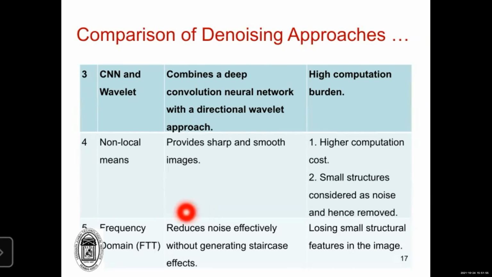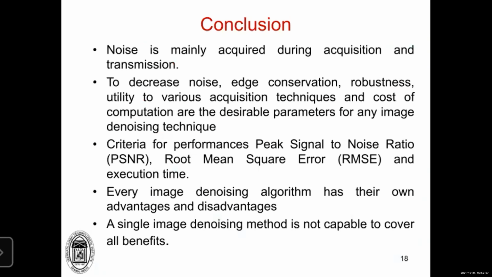Next is the frequency domain approach. It reduces noise effectively without generating a staircase effect, but again we lose small structure features in the image. By comparing these, we can conclude that noise is mainly acquired during acquisition and transmission. To decrease noise, edge preservation, robustness, utility to various acquisition techniques, and cost of computations are desirable parameters for any image denoising technique.